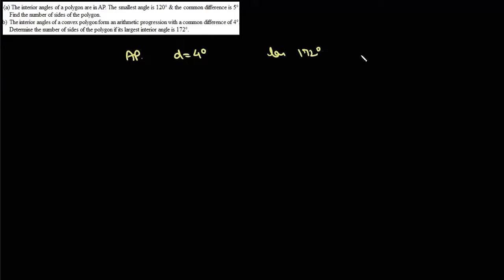We have to find the number of sides. Again, the sum of all the angles will be equal to (n minus 2) into 180. Because we are not given the first term, we'll reverse this AP, starting from 172, and take its common difference as minus 4 degrees.